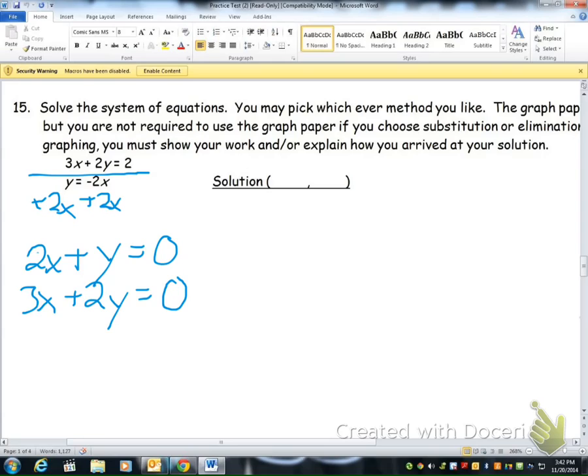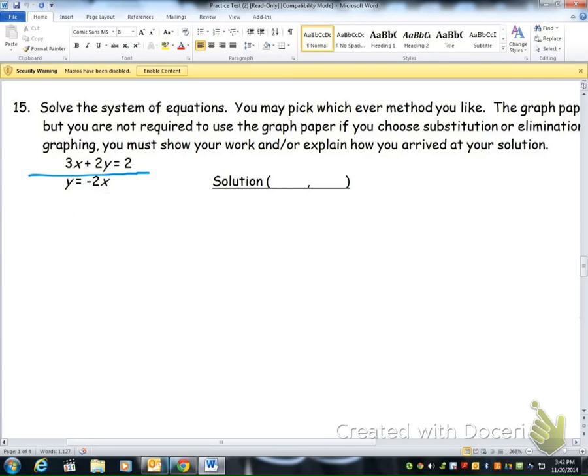So you can use that method, but once again, just like with the questions 6 through 8 that we just looked at, you can use any method, but that doesn't mean there's not a best one. Here, since I already have something in y equals form, a good choice is substitution.